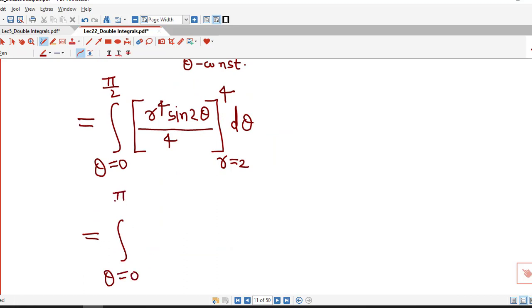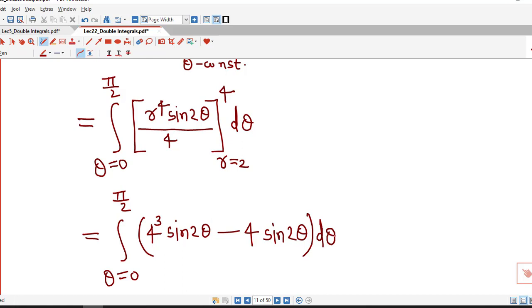For r equal to 4, 4 raised to 4 divided by 4, that is, one 4 will cancel out, gives 4 cube sine 2 theta, minus, for r equal to 2, 2 raised to 4, which is 16 divided by 4, that is 4, sine 2 theta. Then we integrate with respect to theta.